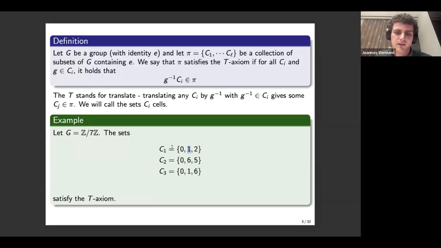And indeed, if we translate C_1 by -1, then we get 0 minus 1, which is 6, we get 1 minus 1, which is 0, and we get 2 minus 1, which is 1. So translating C_1 by -1 gives C_3. And in fact, one can check that this works whatever one does. So these sets satisfy this T axiom.